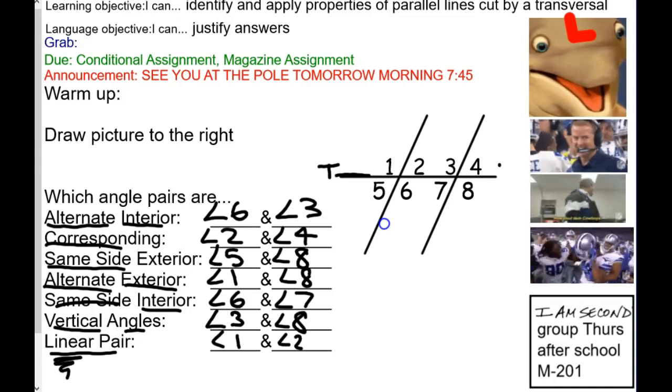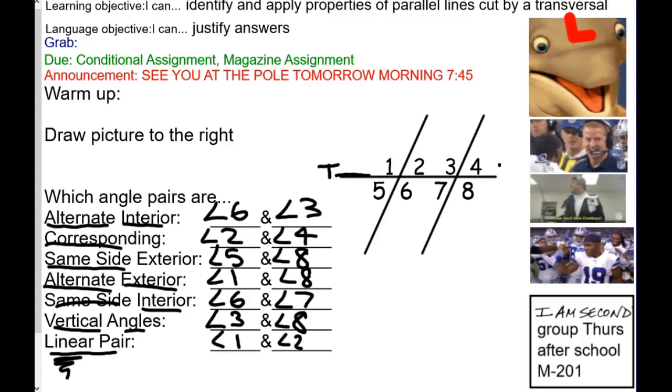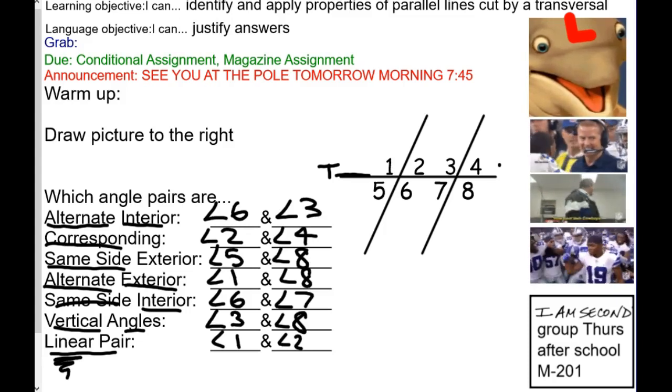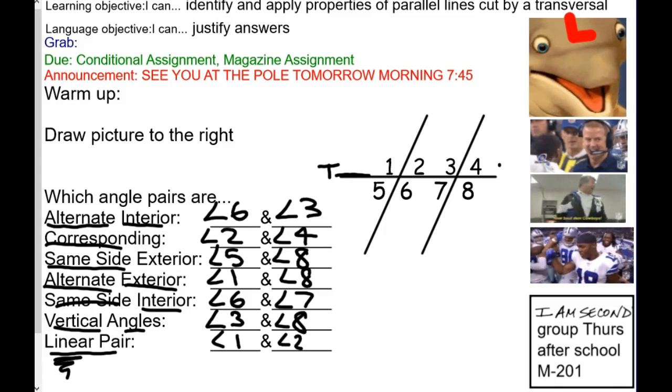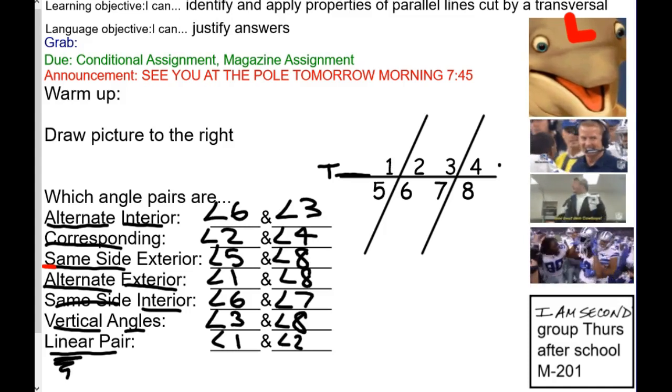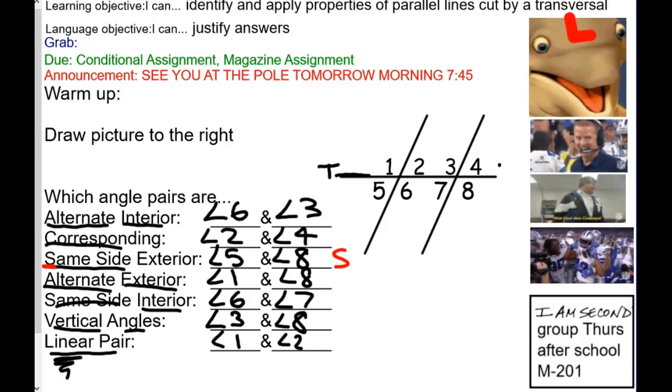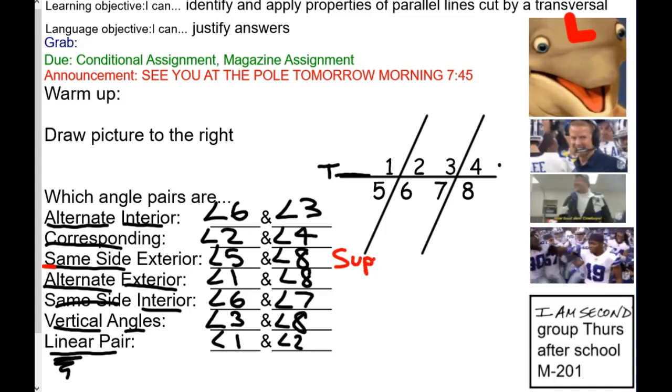Now real quick. We talked about this yesterday. You should know the relationships for all these pairs. And some of it is alliteration. Y'all know that English term, alliteration? The first letter in a word is repeated. So we did talk about how same side angles add up to 180. What's that called again when they add up to 180? Supplementary.